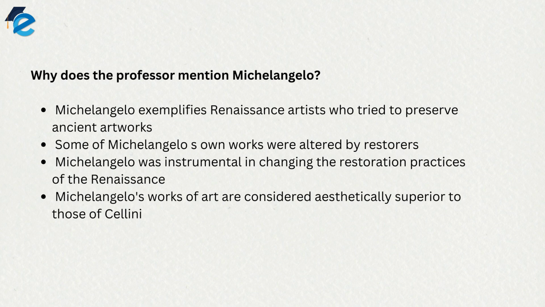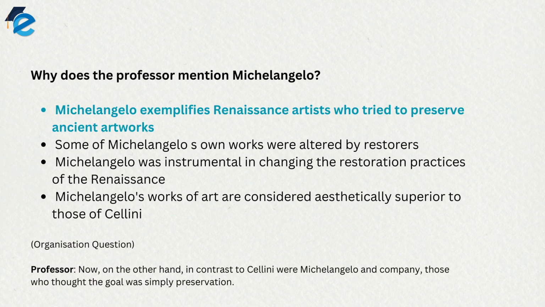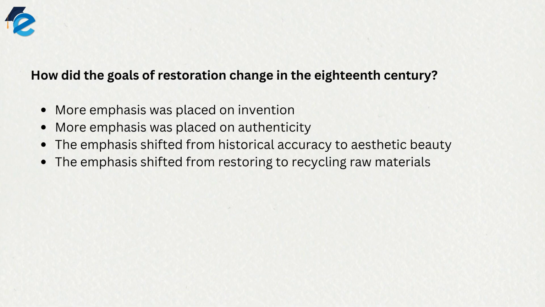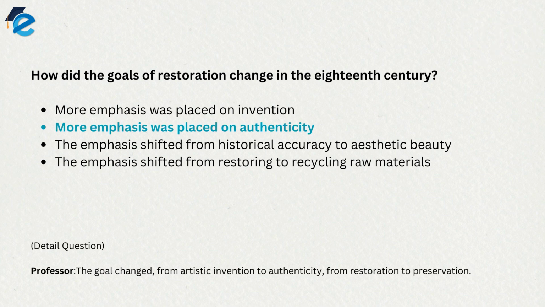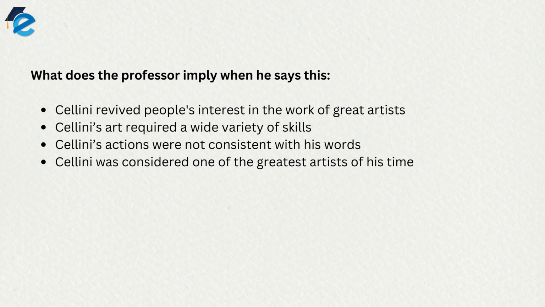Why does the professor mention Michelangelo? How did the goals of restoration change in the 18th century? What does the professor imply when he says this?